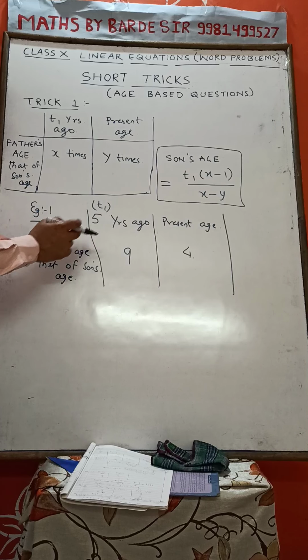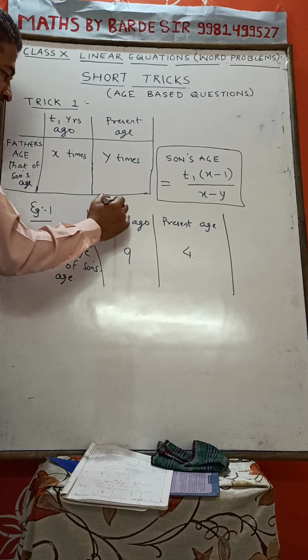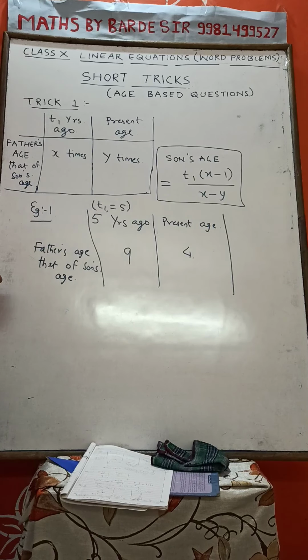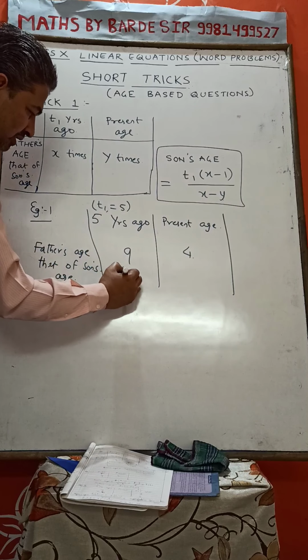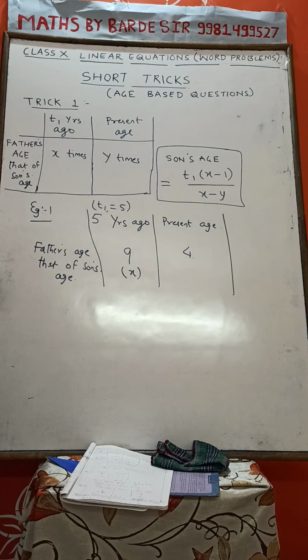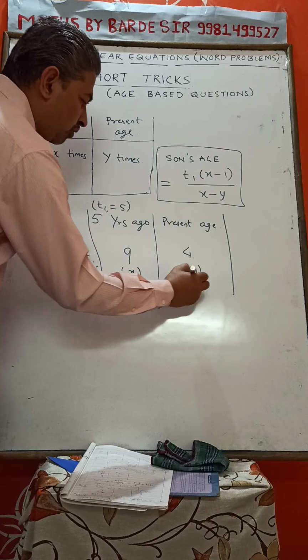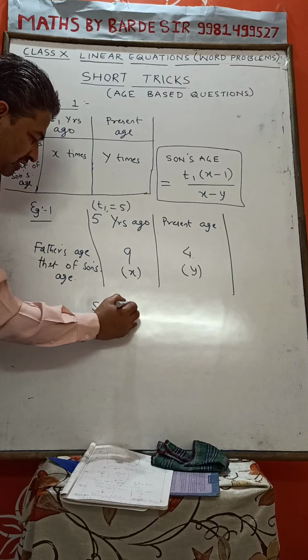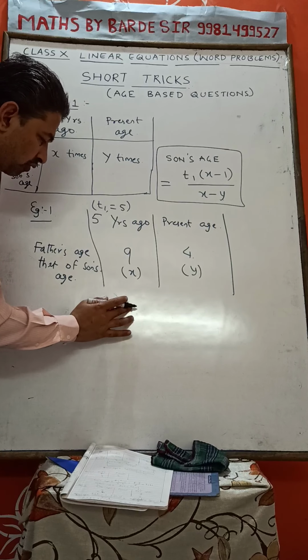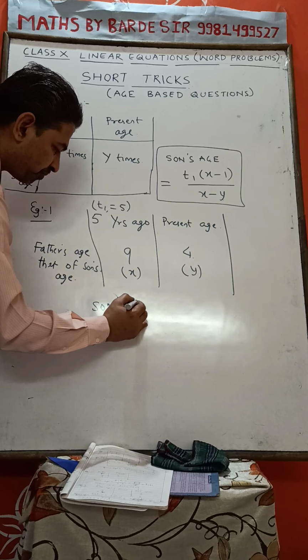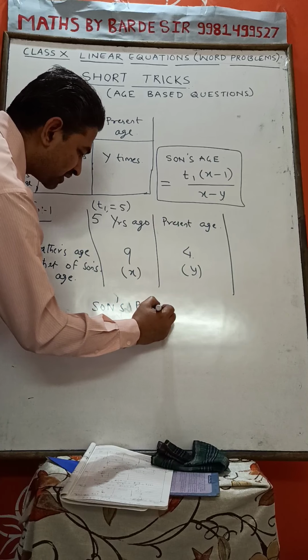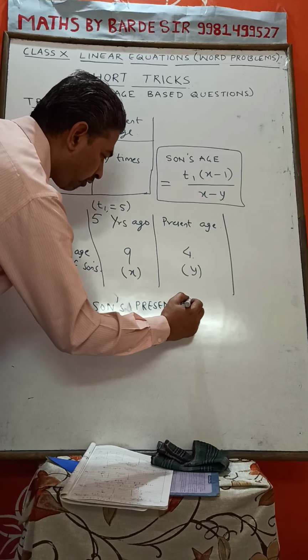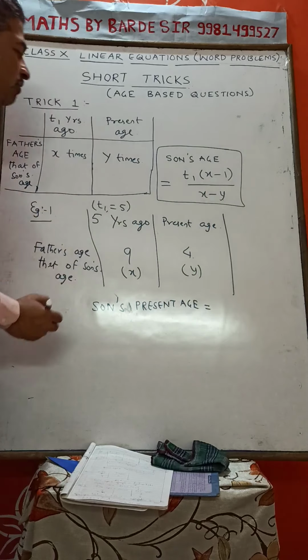So T1 is equal to 5, X is equal to 9, Y is equal to 4. So very simple. Let's apply the formula. We'll get son's present age, which is equal to T1 into x minus 1 upon x minus y.